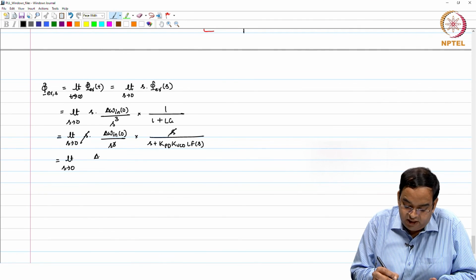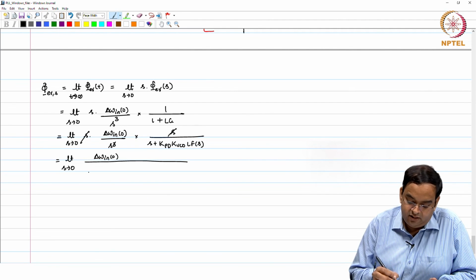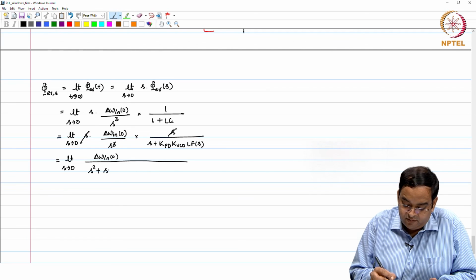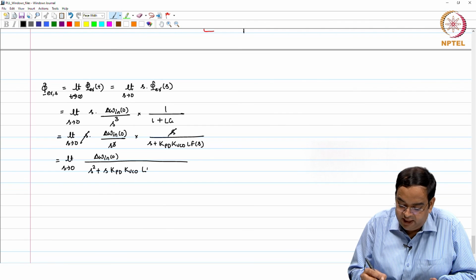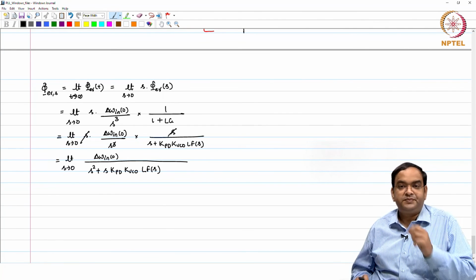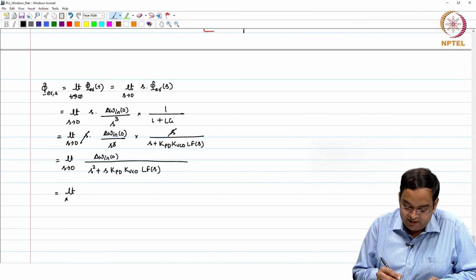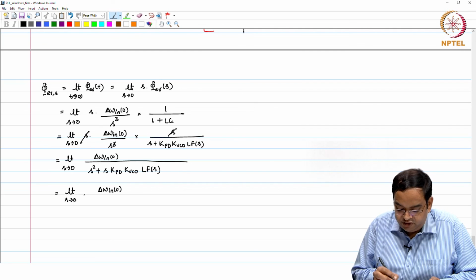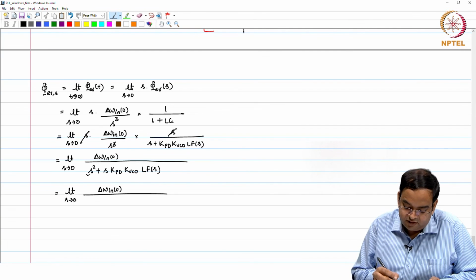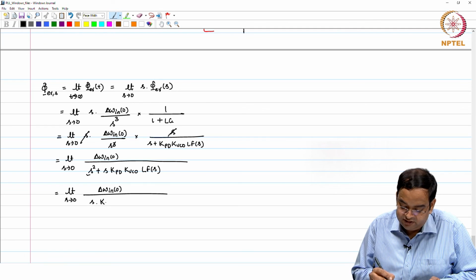What I get here is delta omega in 0 divided by S square plus S times KPD KVCO times loop filter of S. I have to substitute S equal to 0. So, I will rewrite it with the remaining important terms, delta omega in 0. This term will anyway be 0. This I will not substitute because the evaluation depends on the loop filter.